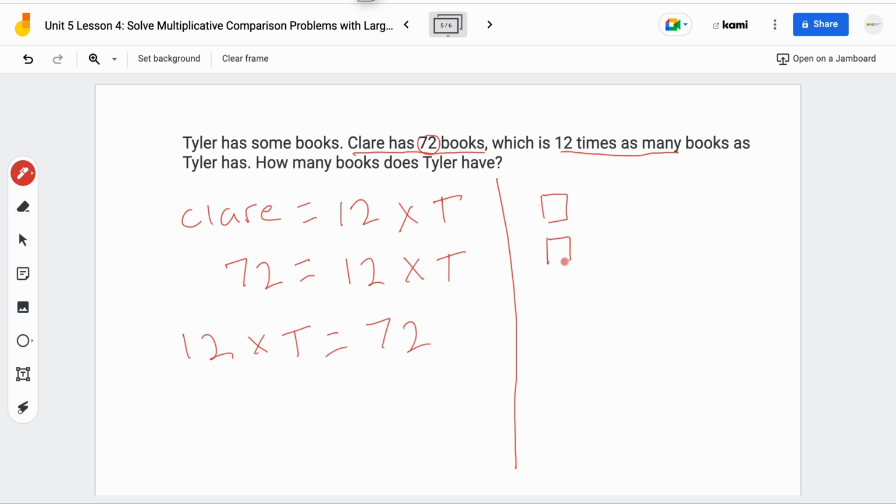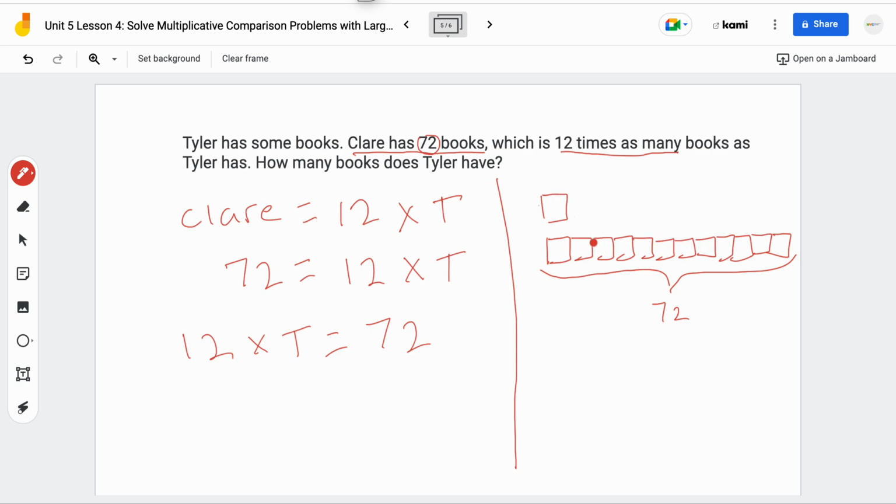So we're gonna draw 12 of these. 1, 2, 3, 4, 5, 6, 7, 8, 9, 10, 11, 12. Okay. And we know that those 12 times as many makes 72 books. So we know that this is 72. Okay. So this is Tyler, right? And this is Claire. We just don't know what's the amount in here yet.